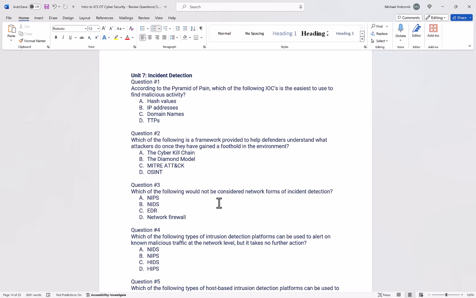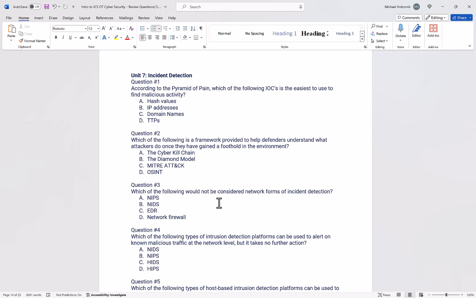So if it detects an attack, then it can take action like send an update to a firewall to update an ACL to block that traffic, or it can send reset packets to the source of that traffic to say, hey, I'm not here, don't talk to me, to essentially shut it down.